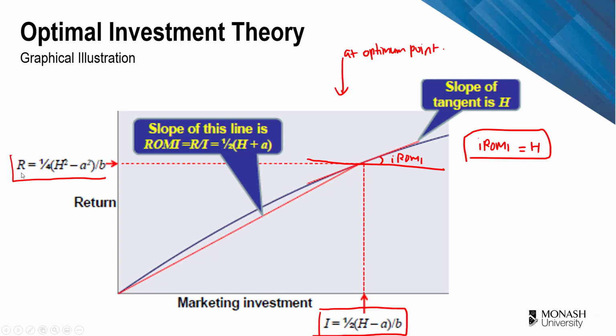Now this will give you your return, and this will give you your optimal investment. And lastly, you can calculate the slope of the line to find out what is your ROMI. So this is ROMI and this is IROMI.